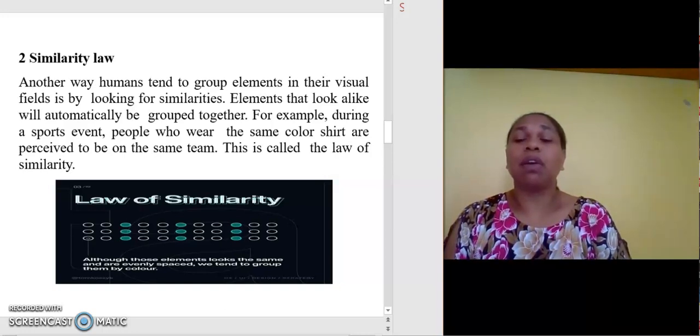Elements that look alike will automatically be grouped together. One common example during a sports event is when people wear the same color shirt and are perceived to be on the same team. This is called the law of similarity. So our eyes will try to catch the things that are similar.